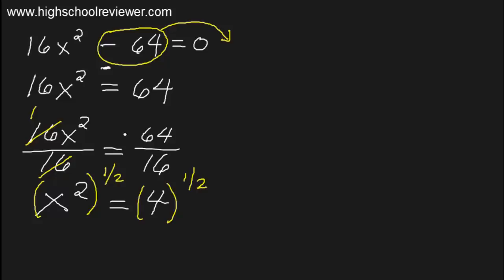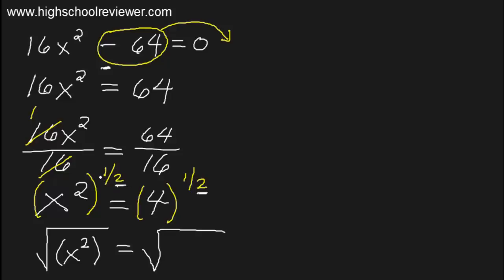So since the denominator of our exponent is 2, this will be equivalent to the square root. So this will also be the square root. And then our base here is x squared, and its exponent will be the numerator.